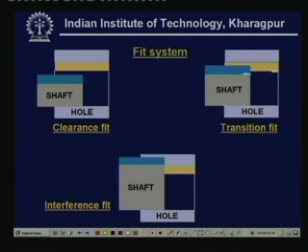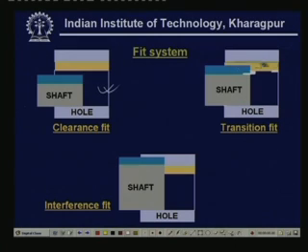At this particular condition, you can see there is a clearance prevailing between the hole and the shaft. So, there could be a clearance fit, as we have discussed for this particular case.